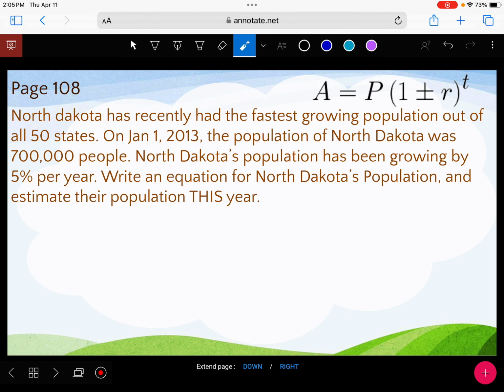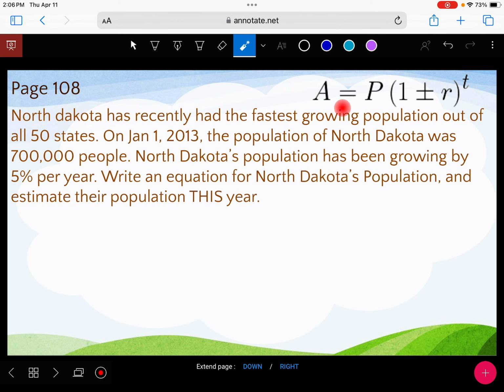There's very few problems we're going to do in this chapter that are not story problems, just because they're trying to make everything context-based. So we've got here that North Dakota has the fastest growing population in the United States. And in 2013, the population was 700,000 people. They've been growing by 5% per year. So we want to be able to estimate their population this year.